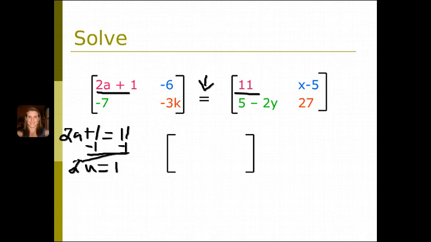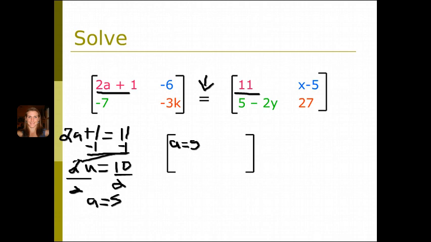Divide both sides by 2, and you are left with a equals 5. And we would put that in the same place in our matrix at the bottom. So you would have a equals 5 on our top left.